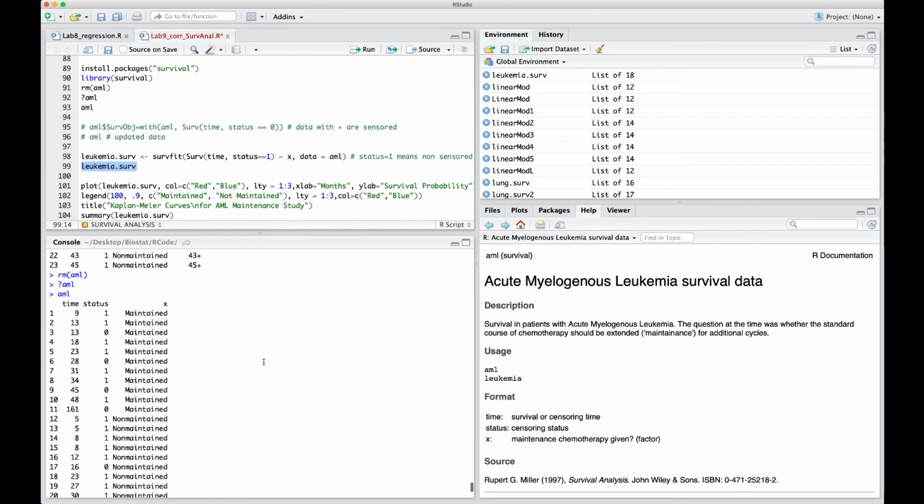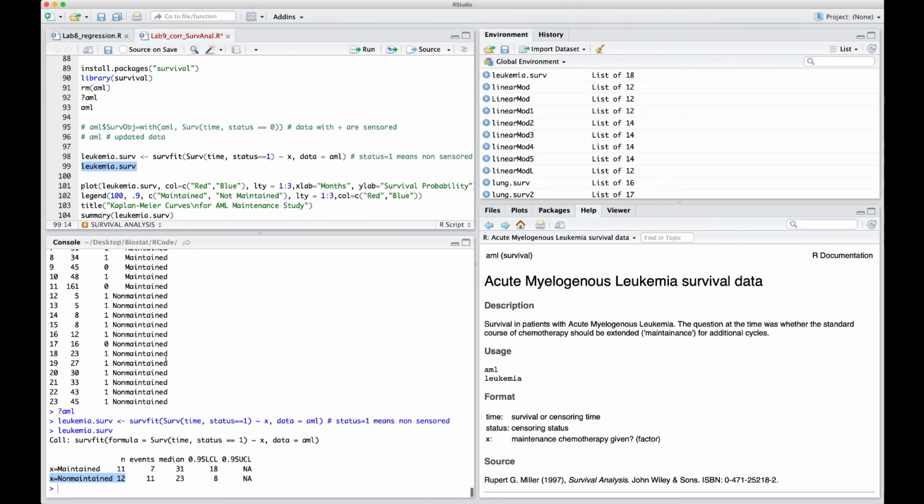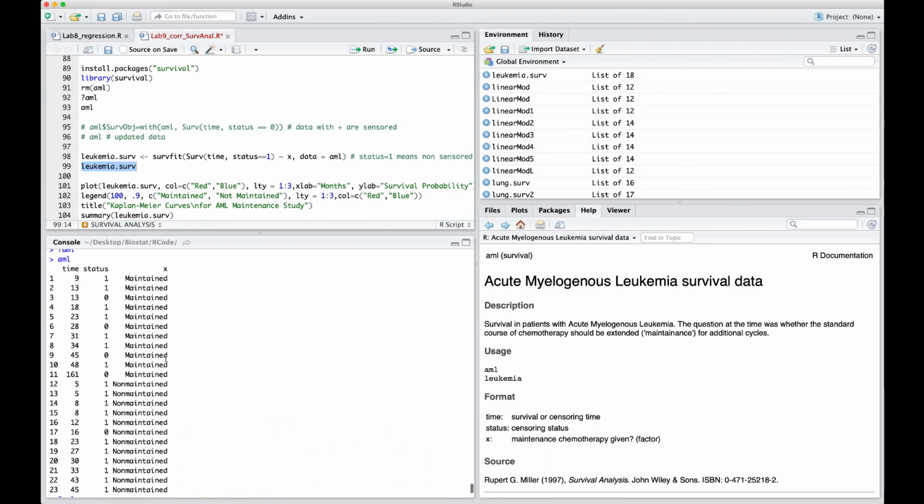How many were censored? 1, 2, 3, 4, 5, 6, 7. For the maintained group, there were 7 that are censored. And then 1, 2, 3, 4 were not censored, right? That's why the event is counting for status equals 1. If you do 0 here, then the event will show you a different count, right?